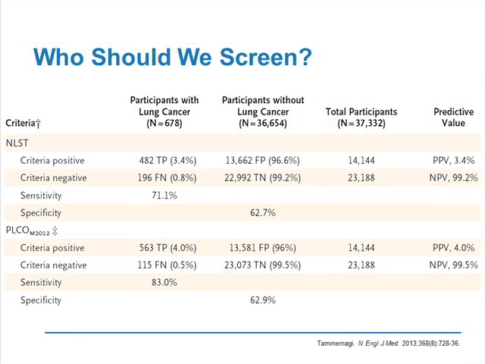That level was around 1.35% risk of developing lung cancer over 6 years. Using these criteria, they had improved sensitivity over the NLST criteria without a loss of specificity. And so they made an argument that perhaps you should enroll people based on a risk calculator rather than just following the NLST criteria.